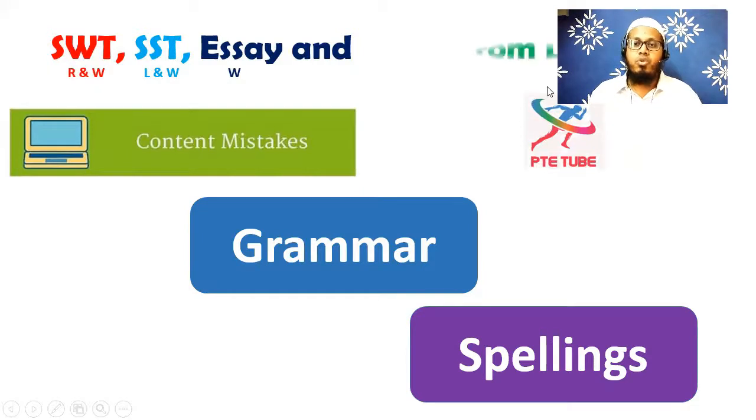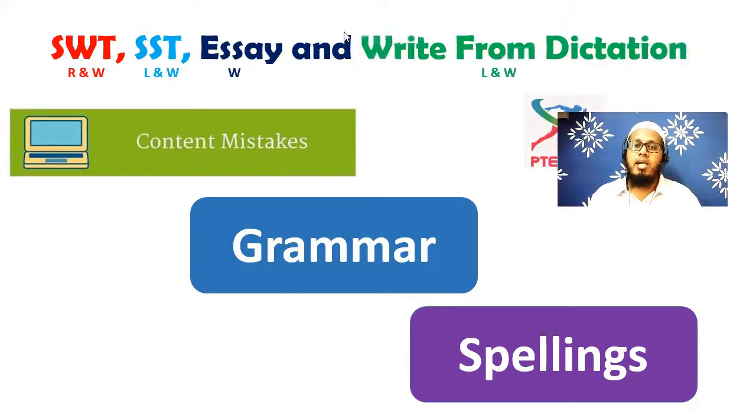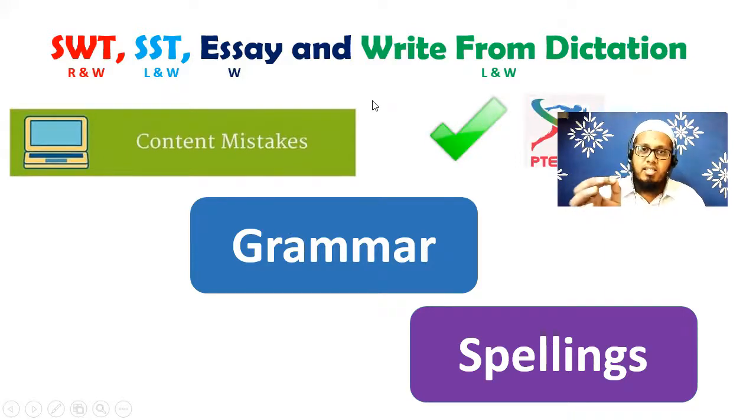Fine, we'll move on to the next task, that is write from dictation. This is the last task in our PTE examination. Yes, of course, here content plays a role. This task is timed for around 4 to 5 minutes. You will wind up doing this task in just 5 minutes, but believe me, you will get around 40 marks just out of it.